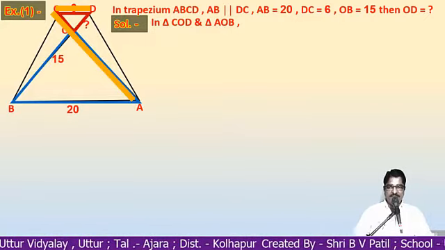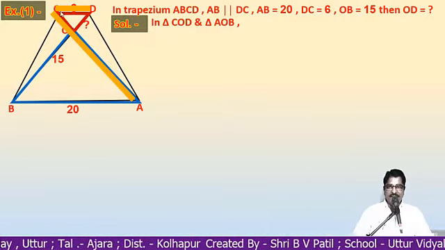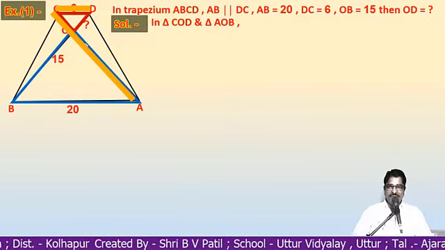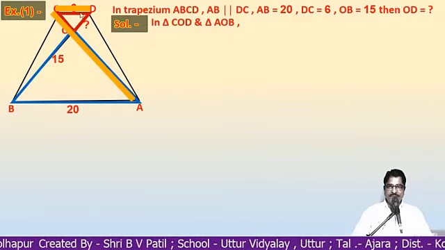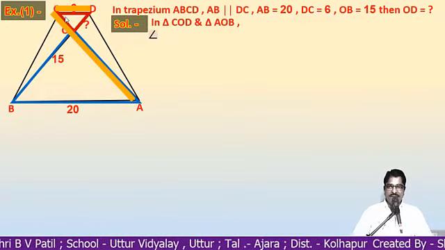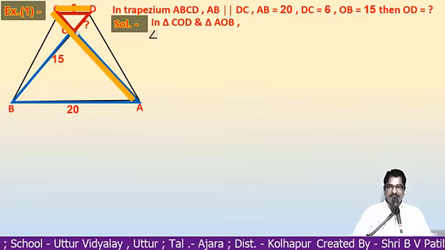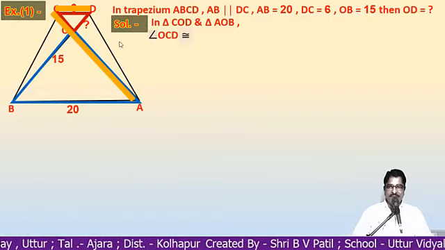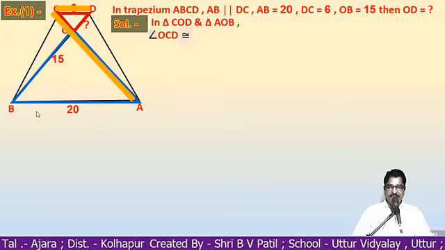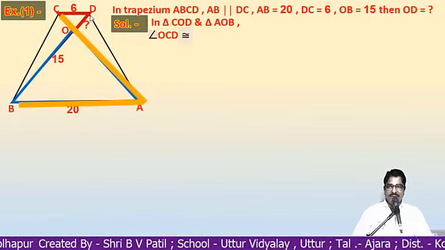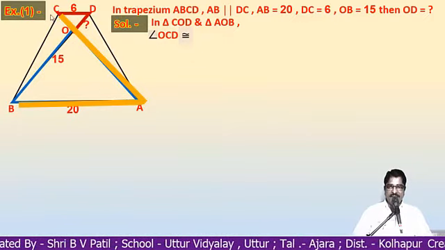This transversal CA and parallel side CD join at which point? That is point C, means angle OCD is congruent to another angle. The other parallel side is AB and the transversal is CA.